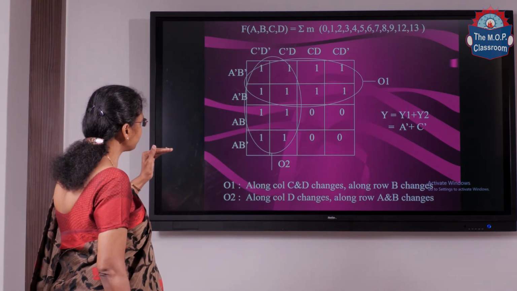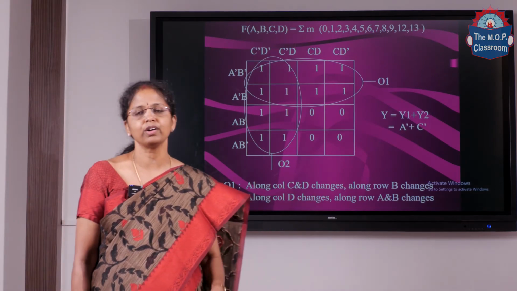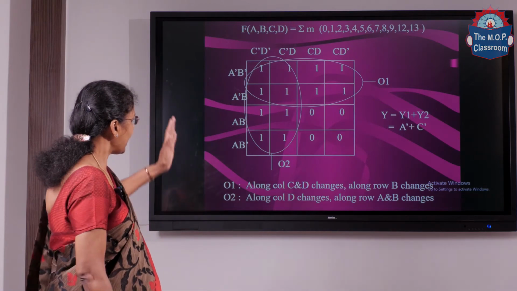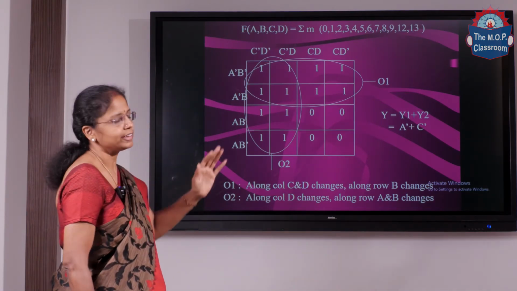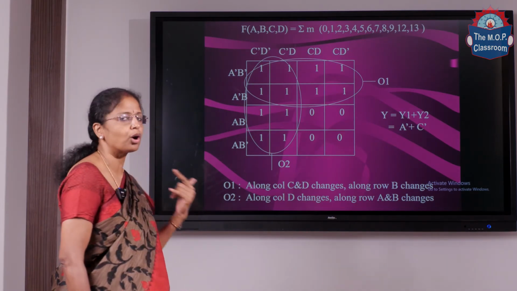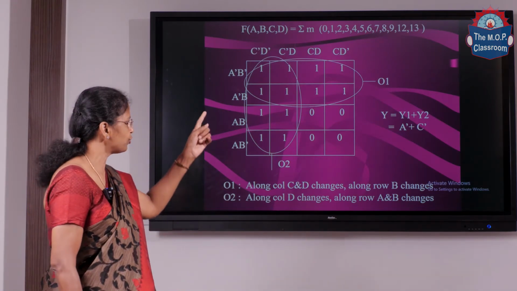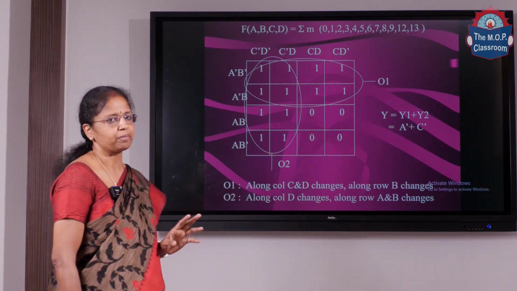When we move from the first row to the second row, B changes from complemented to uncomplemented form, so we are dropping B. As we move along the columns, C and D change from complemented to uncomplemented form, so we are dropping C and D. So, for octet 1 we have the expression A prime.